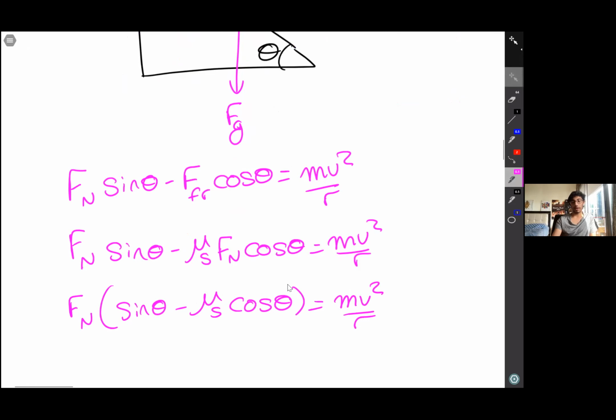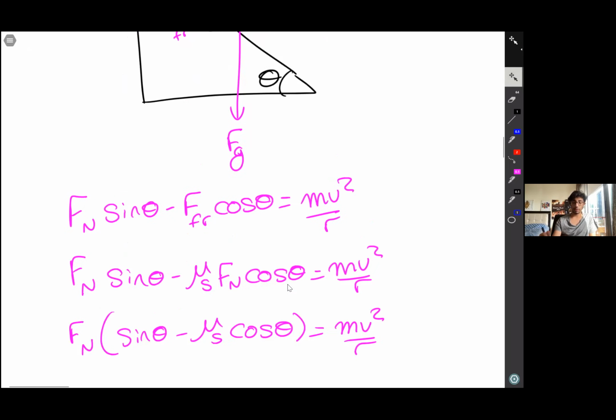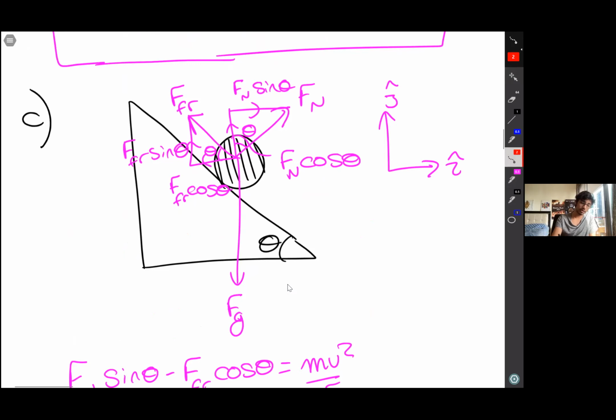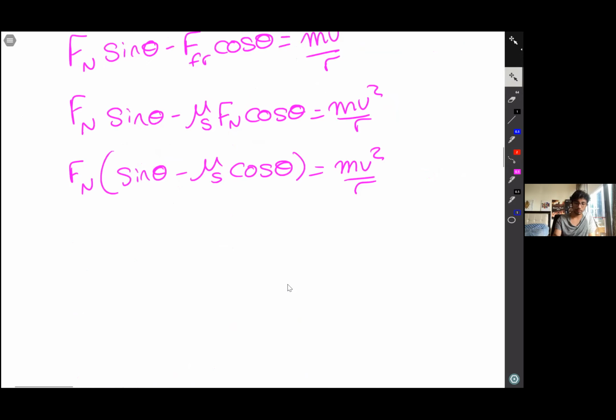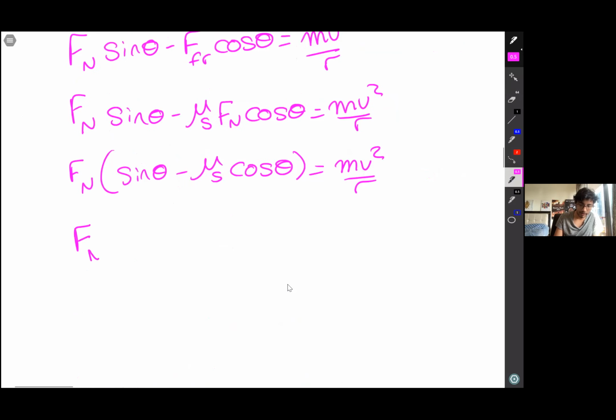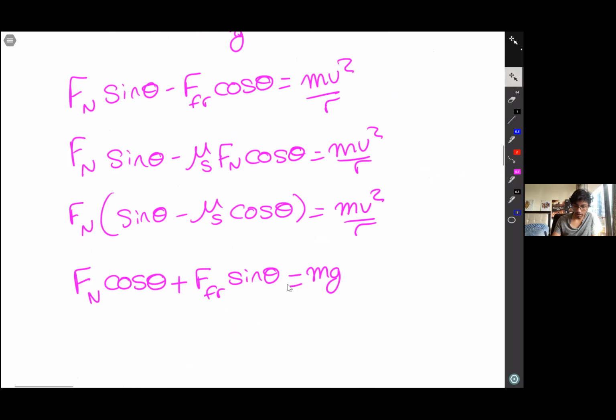Okay, let's find Fn by looking at the forces in the vertical direction. So acting upwards is Fn cos theta. Acting upwards again is F frictional sine theta, and acting downwards is Fg. So I'll get that Fn cos theta plus F frictional sine theta minus mg is equal to 0, or that this is all equal to mg. Am I right?